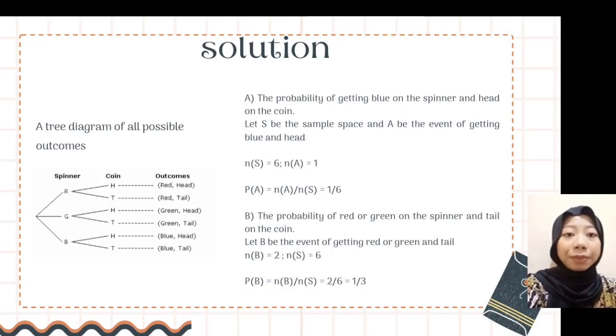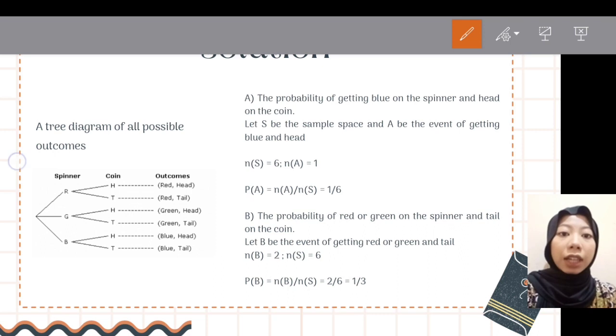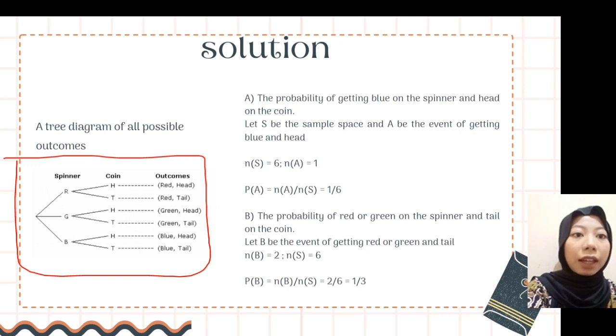Next, the solution. From the problem, we get a tree diagram of the possible outcomes. The tree diagram is this. A. The probability of getting blue on the spinner and head on the coin. Let S be the sample space and A be the event of getting blue and head.